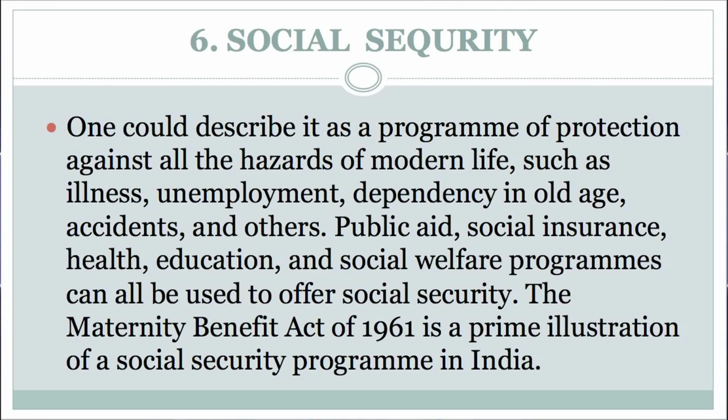Public aid, social infrastructure, social insurance, health, education, and social welfare programs can all be used to offer social security. The Maternity Benefit Act of 1961 is a prime illustration of a social security program in India.